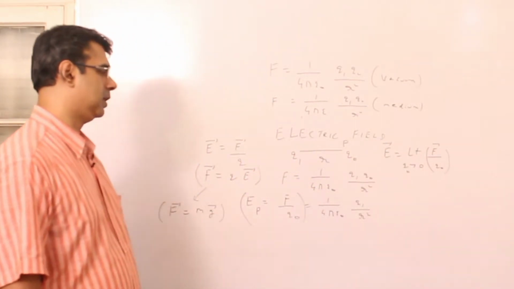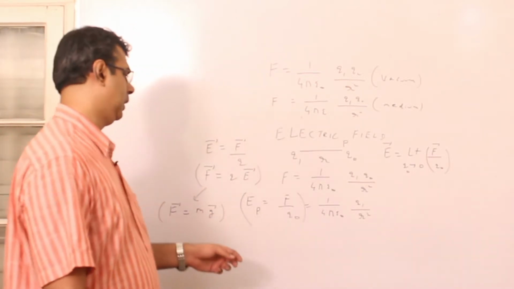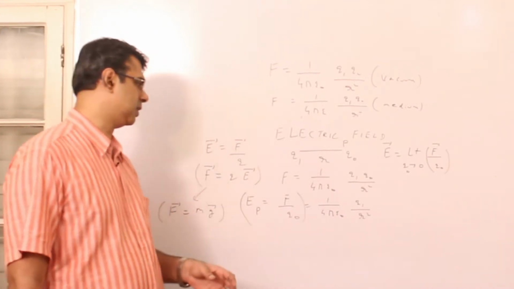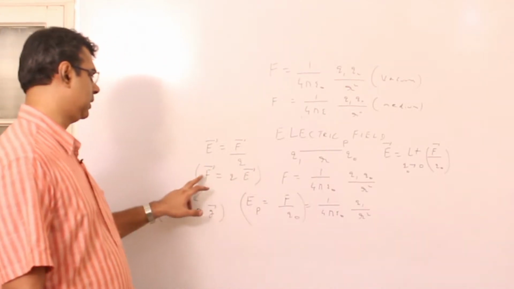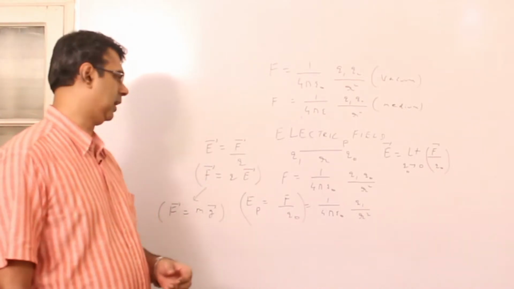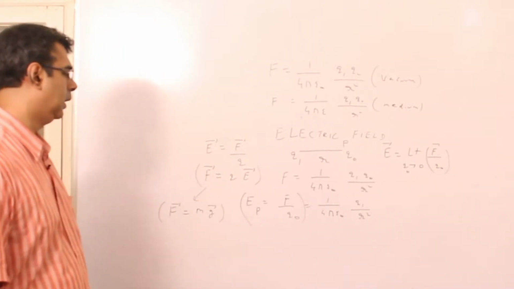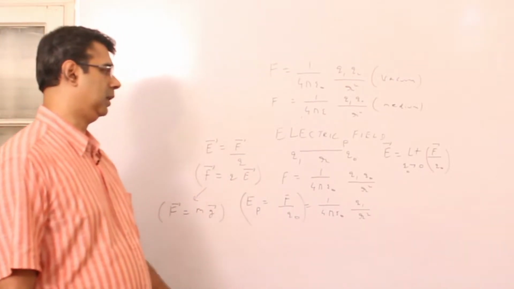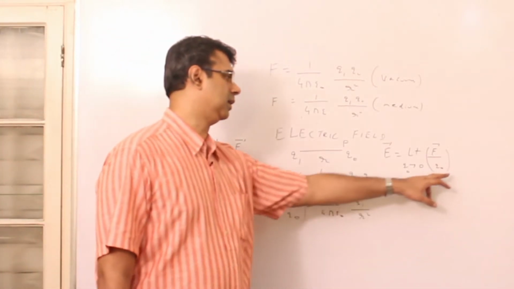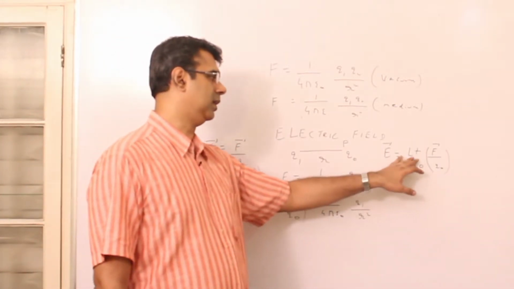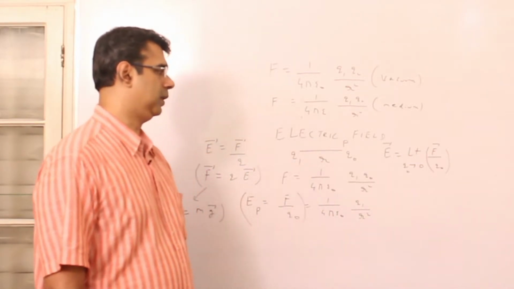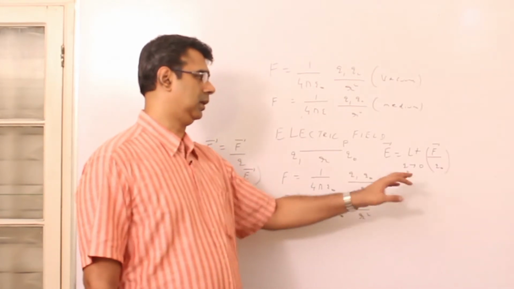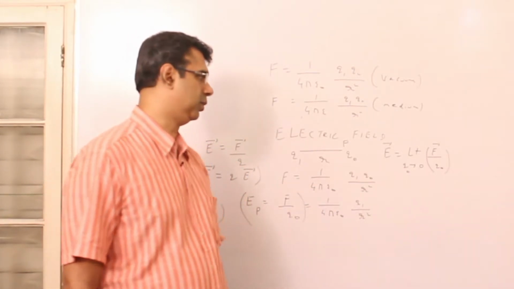For practical purposes or for numerical computations, the earlier form is good enough, and it is very useful for doing the numericals and calculations. But if you want to know the definition, then this is the correct definition: the limiting value of the force per unit test charge when the test charge is of extremely small or smallest possible magnitude.